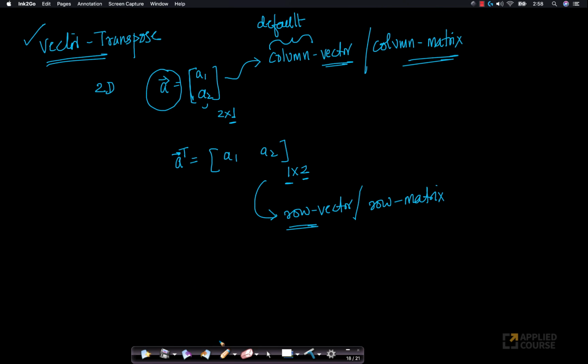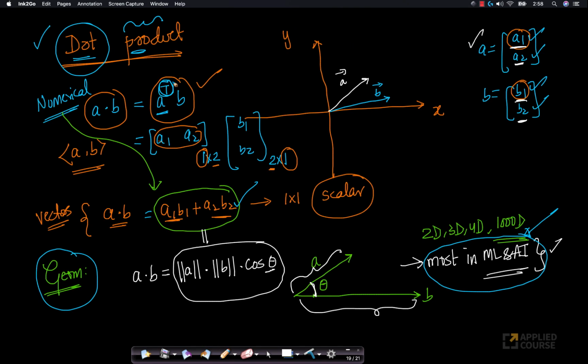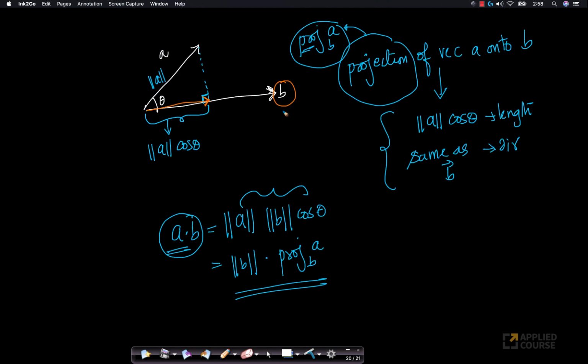That's why I'm trying to connect the concept of transpose and dot product, because we are using the operation of a transpose of a vector when we arrive at the formula for the dot product. Geometrically, this is what the dot product means, and this is another way of thinking about a dot product using projections.